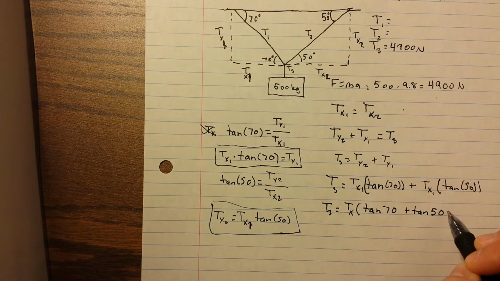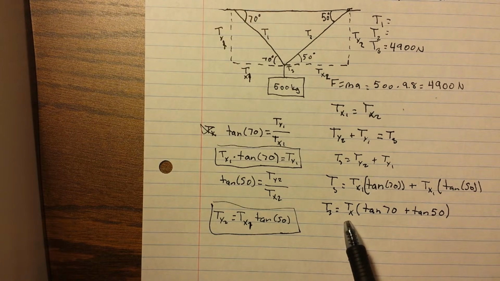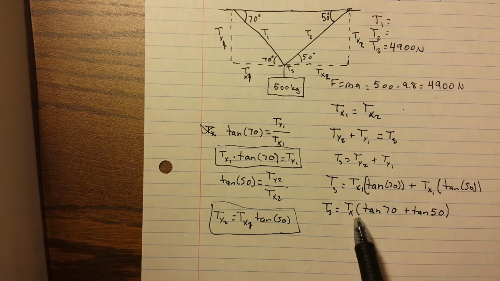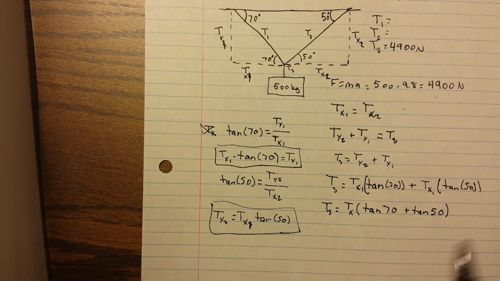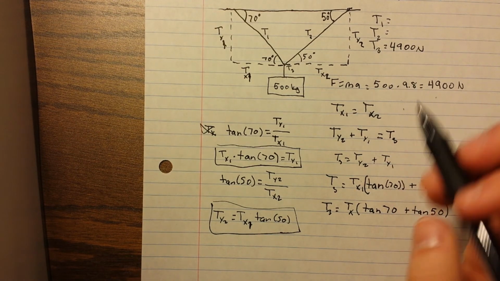And if you don't understand this from algebra, let me explain it here a second. If you multiply out the distributive property, you're going to get exactly that. Okay, well, we can't solve that right now because we don't know T3, but we do actually. T3 is up here, it's 4900.